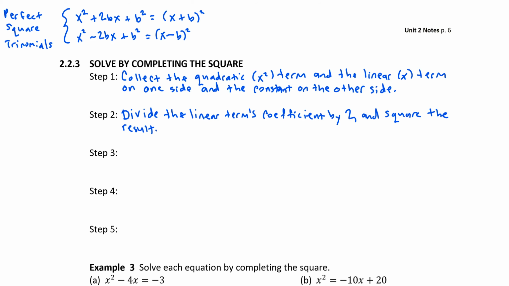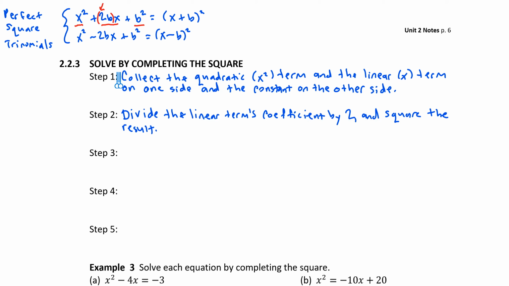So what in the world is going on? Well, taking a peek at our perfect square trinomials written at the top of our notes, we're going to have the quadratic and the linear term together on one side. Our goal is to find the constant that will make that pattern the perfect square trinomial. So we're going to take the linear coefficient, which in this case is 2b, we're going to divide it by 2 so that we can get rid of that 2, and then square the result.